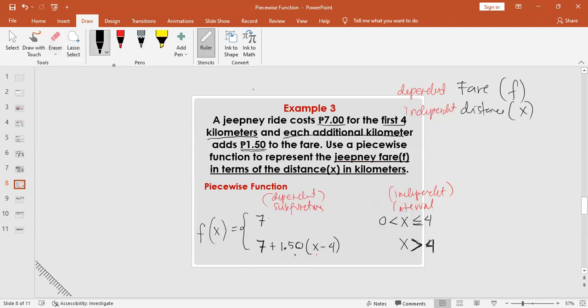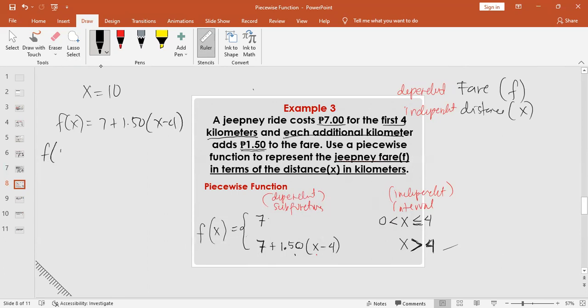So, let's try solving some problems using the piecewise function. What if you traveled 1 kilometer? How much would you pay? 1 kilometer, saan ba pasok ang 1 kilometer dyan? Sa first subfunction. Therefore, we will have to pay 7 pesos only. How about if you traveled 10 kilometers? Saan pasok si 10? Siyempre, sa more than 4. So, if x is 10 kilometers, we will use the second subfunction, which is this.